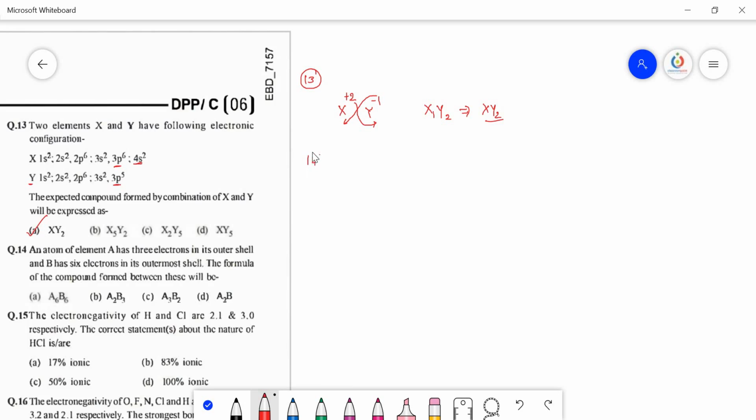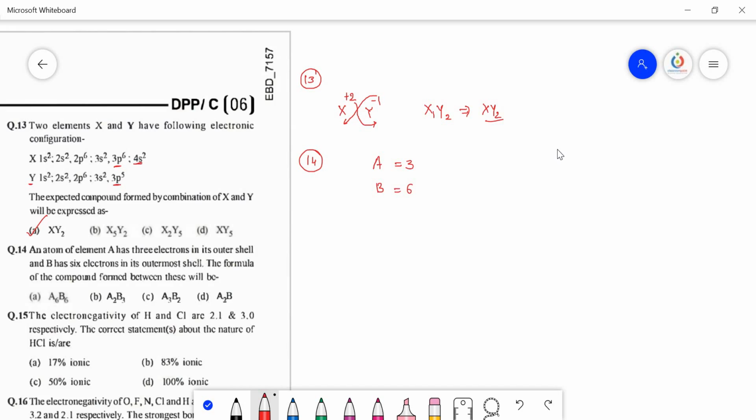So let's try to solve question number 14. An atom of element A has 3 electrons in its outer shell and B has 6 electrons in its outermost shell. The formula of the compound formed between these will be. So in this question, the valency of A is 3 and the valency of B is 6.